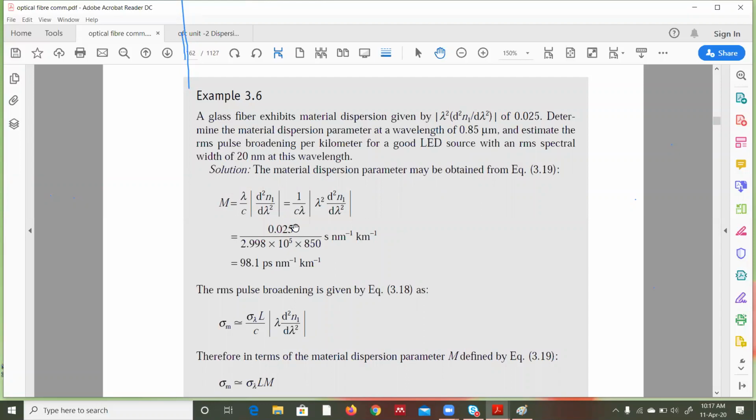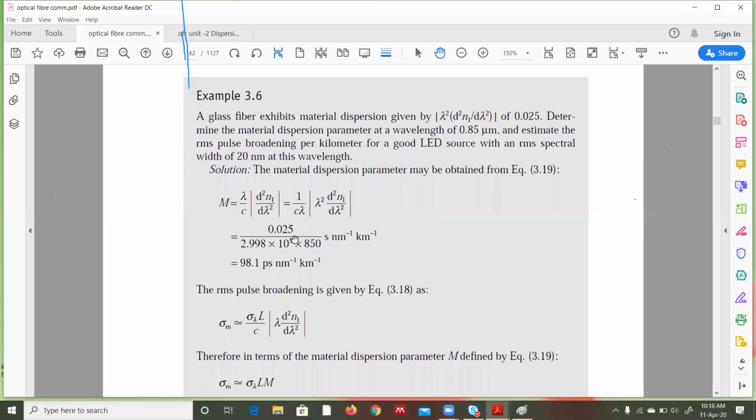So numerator is 0.025, what is given here in the statement. Denominator C is 3 into 10 power 8 meters per second. But here, since we need in terms of kilometer, I'm changing the value of C as 3 into 10 power 5 kilometer per second. And wavelength they have given in terms of micrometer, that is 0.85 micrometer, but we have the unit in terms of nanometer, so change it to 850 nanometer.